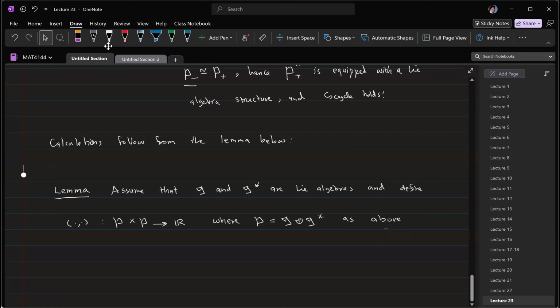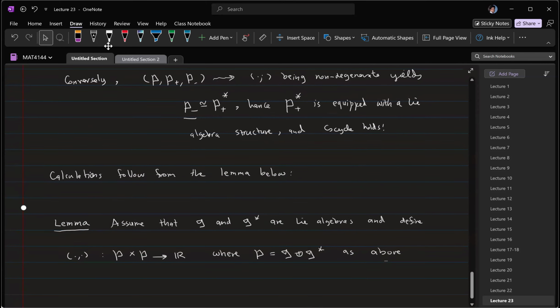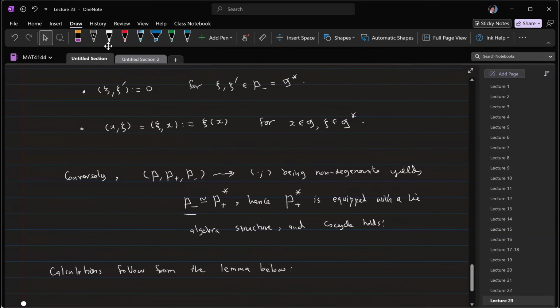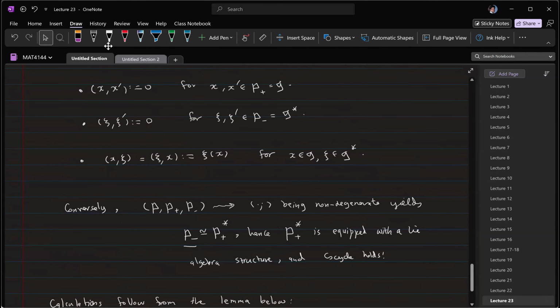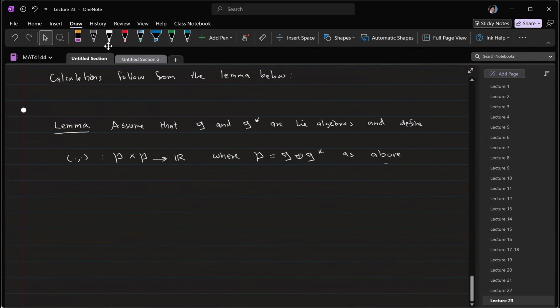So it's defined so that G and G star are isotropic subspaces, and the pairing between G and G star is just the evaluation of the functional, just like above. By above, I mean these relations. Okay, I want to take this bilinear form.